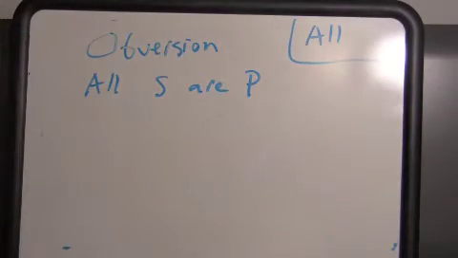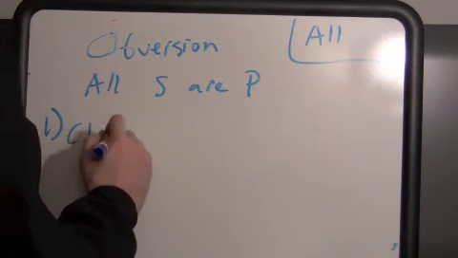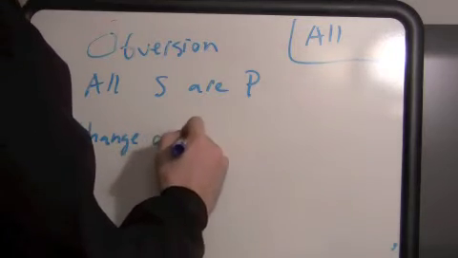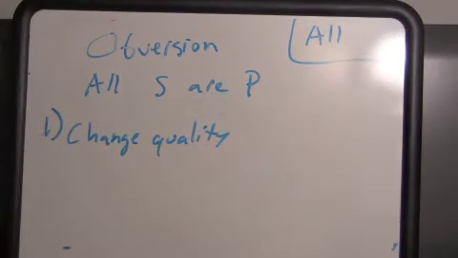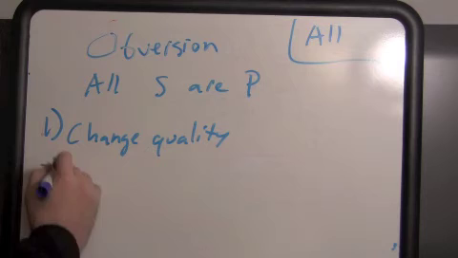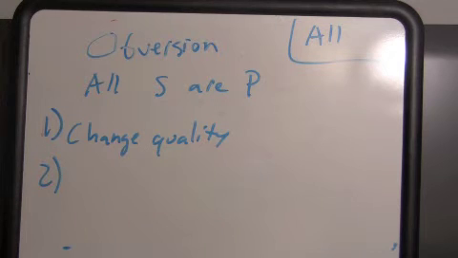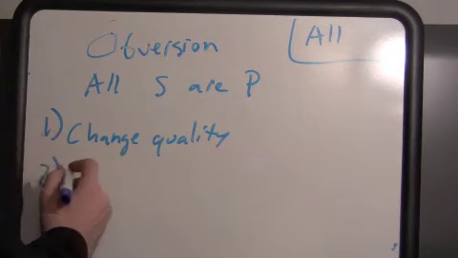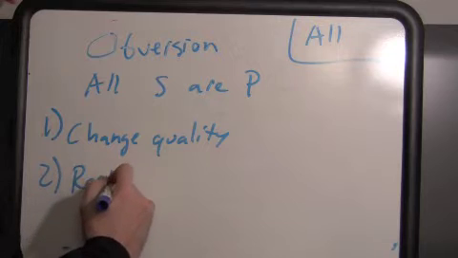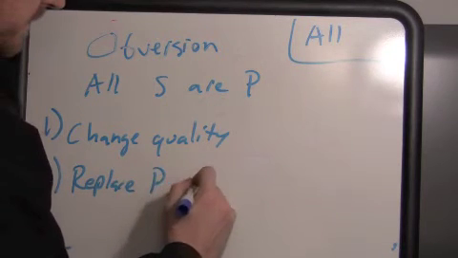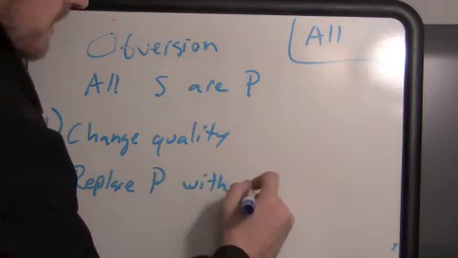It's going to consist in really two different things. The first thing you have to do is you have to change the quality. The second thing you have to do is you replace the predicate with the term complement. So we'll just put here, you replace P with its complement.